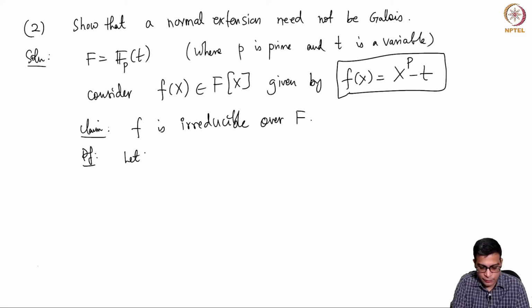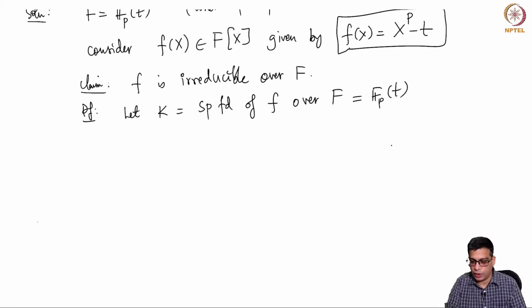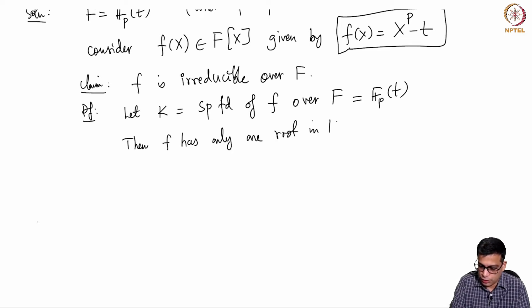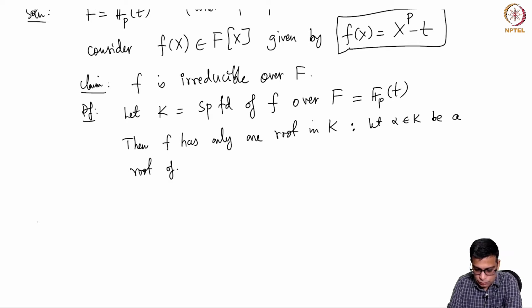let us take the splitting field. So, F, let me remind you, is F_p(t). Let us take the splitting field K of f over F. Then f has only one root in K. So, the reason is, let alpha be a root of f in K. Because K is a splitting field, f will have a root.